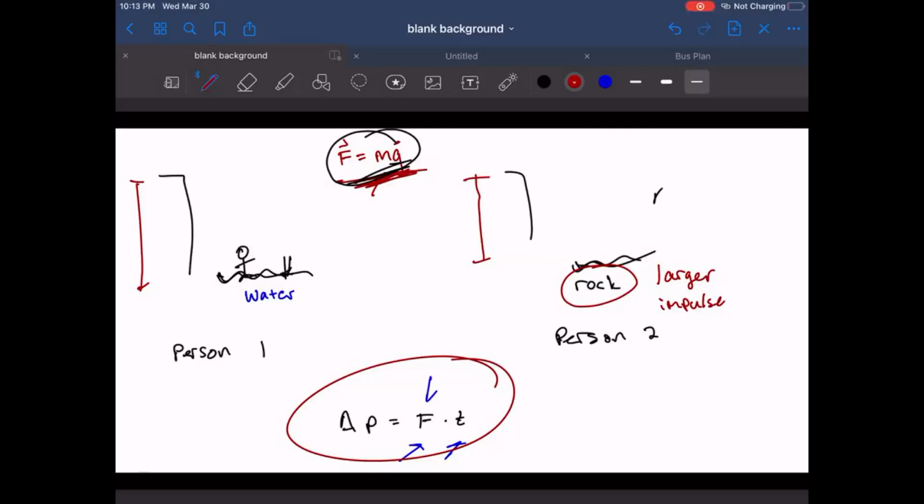Yes. So this time here is the time period over which that force acts. And like you just said, it's instantaneous. That force of mg is carried out almost instantaneously when you hit the rock. But then when you hit the water, that same force is carried out over a longer period of time.